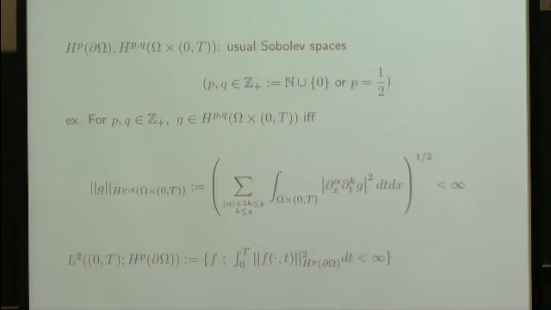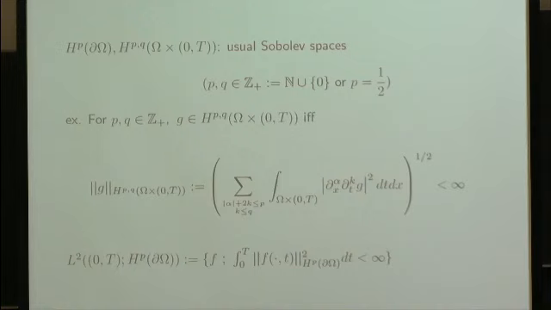An element g belongs to this function space if this norm is finite, and in this norm, the index q denotes the regularity with respect to the t variable, and p describes the regularity with respect to the total derivative.